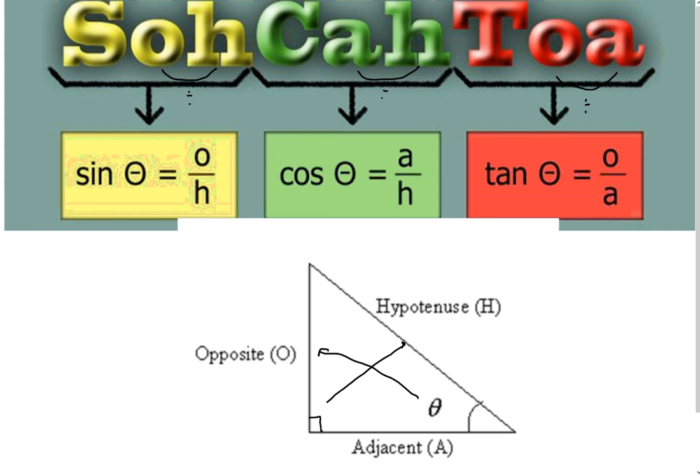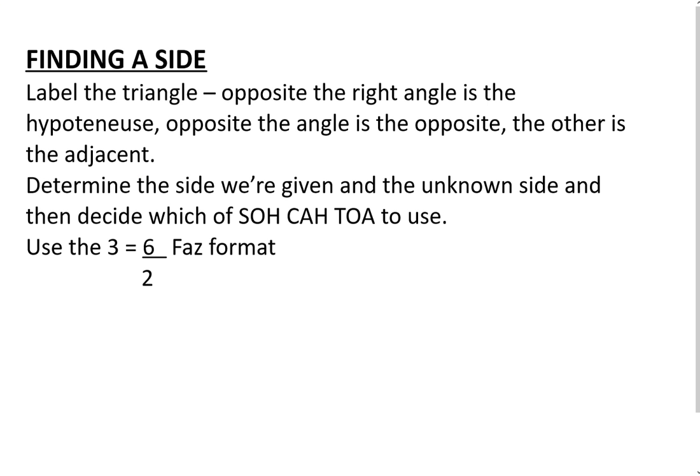Let's try to find the side. When we're trying to find the side of a triangle, okay, all right, so we've got a right angle triangle, and let's say we're trying to find a side. We get given the angle, and we get given another side.